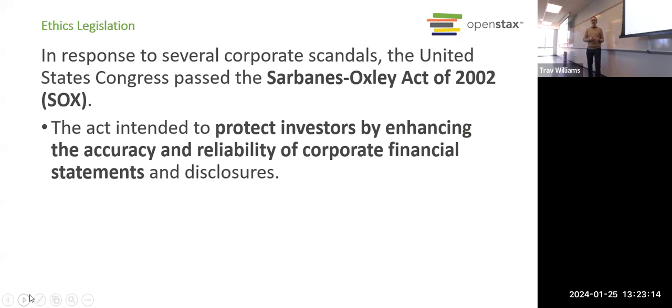I don't know if anybody remembers that period of time, but the stock markets crashed. A lot of people were out of work. A lot of investors lost a lot of money. And then there was more legislation.